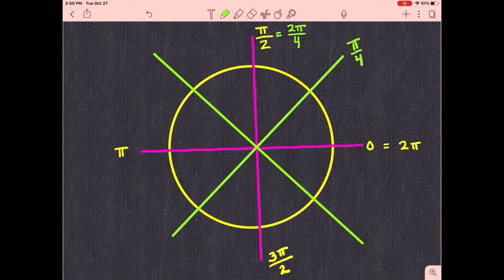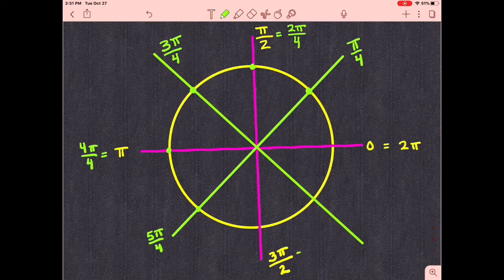So here is pi over 4. Here is 2 pi over 4. Here is then 3 pi over 4. This is really just a lot of fractions going on. And this pi right here would be 4 pi over 4, and you can see that that would equal pi because the 4's would cancel. Here would then be 5 pi over 4.